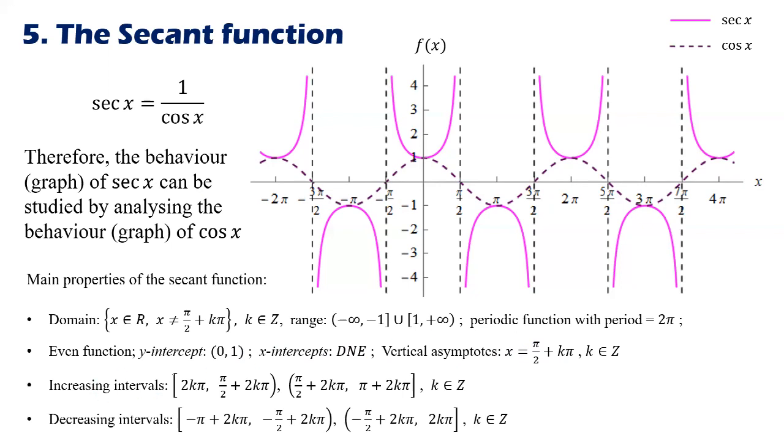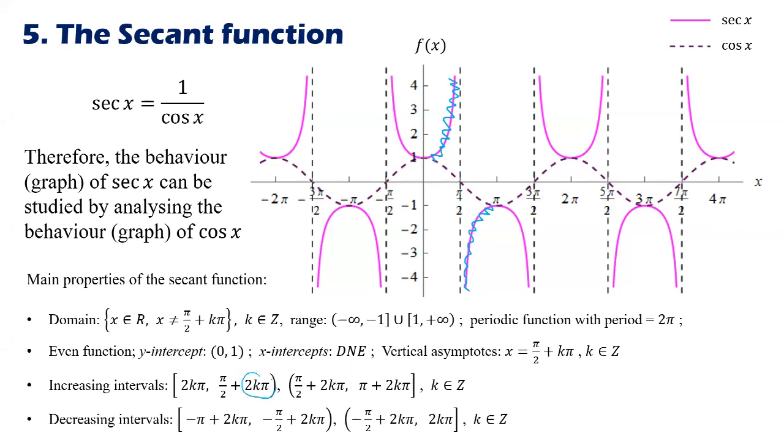Okay, increasing intervals are these. So this is an increasing interval. This is another increasing interval, which can be expressed as 2k pi to half pi plus 2k pi, and half pi plus 2k pi to pi plus 2k pi.